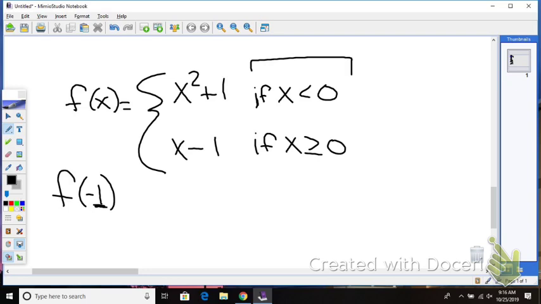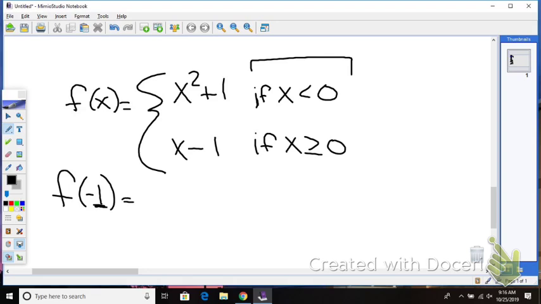Here, you're using this equation if your x is less than 0. So if your input is less than 0, you're going to use the top equation. You're going to use the bottom one if your x is 0 or greater. Our input is -1. So where does it fall? The top or the bottom? The top, because all of our x's that are less than 0 go to this line and use this equation.